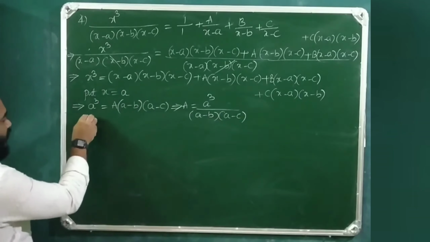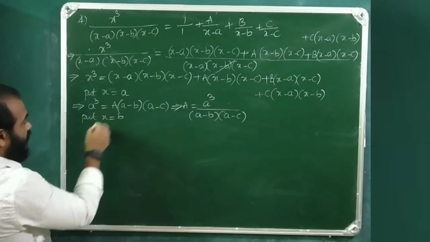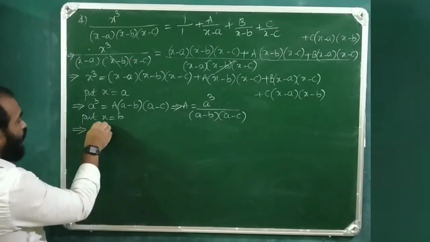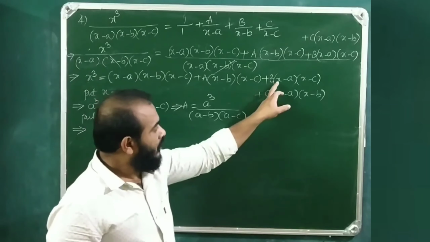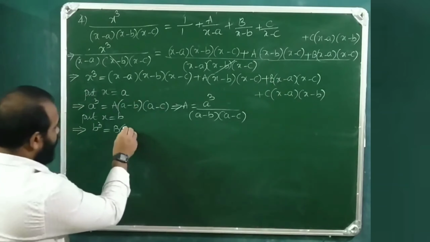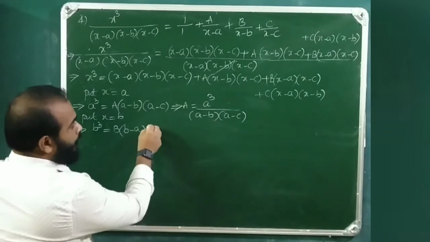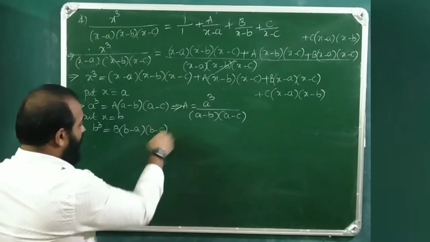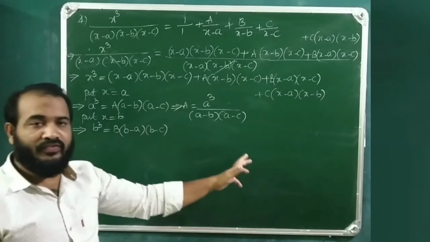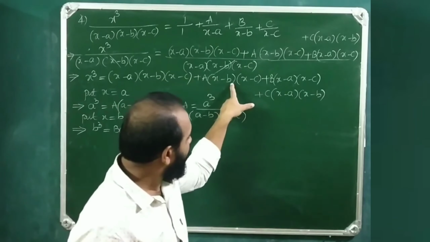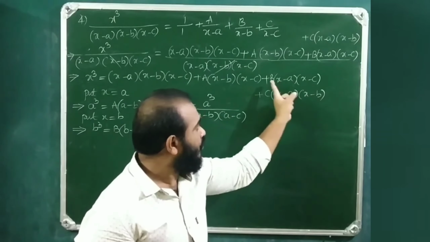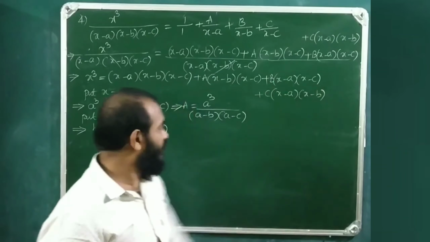So put x equals b. So we will get b cube is equal to b into (b minus a)(b minus c), and the remaining terms would be 0. So b minus b is 0. Here b minus b is 0. Here b minus b is 0. So we will be left with this term itself.